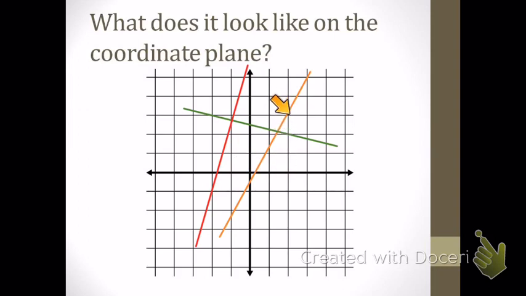In the case of this orange line, we come over 1 unit and we go up, looks like about 2. That steepness will be described in terms of units on the coordinate grid, and we're going to find out that it's actually a ratio.